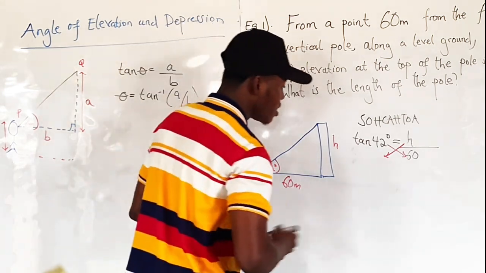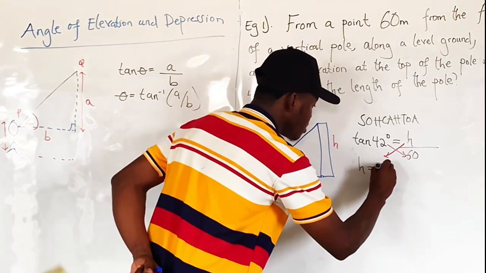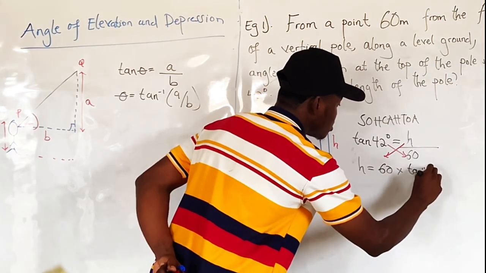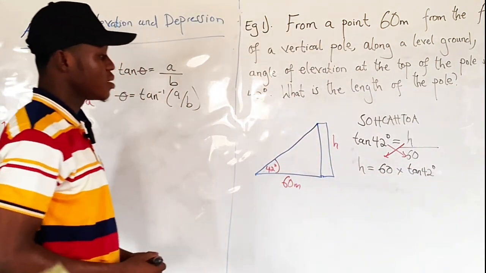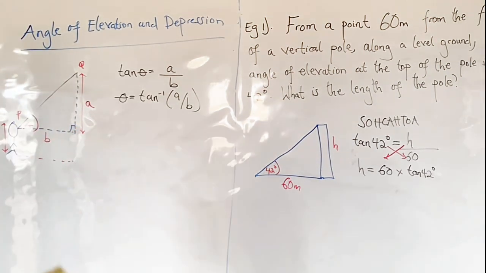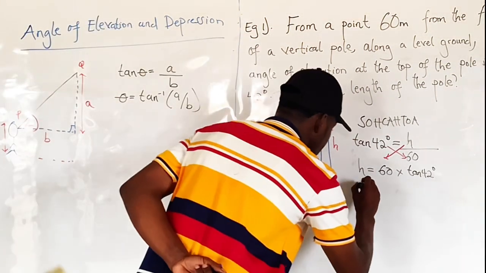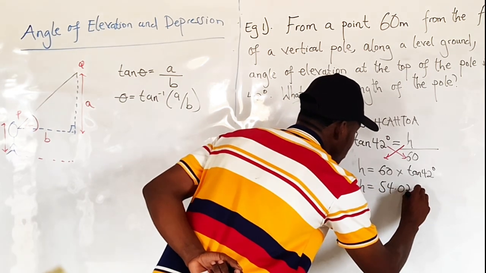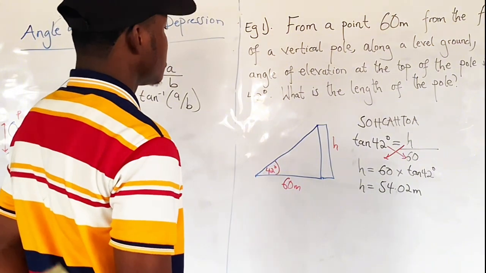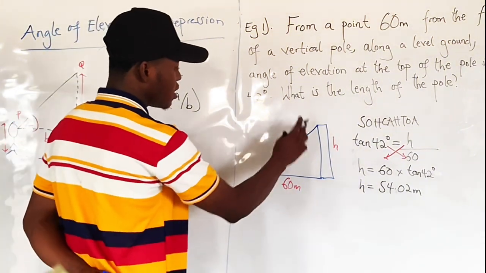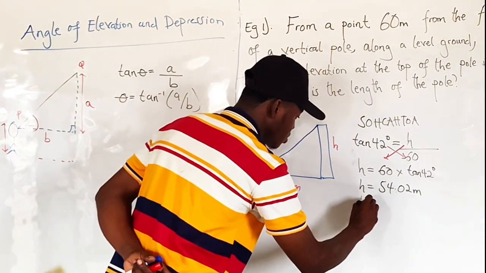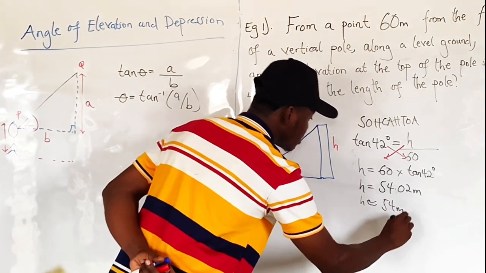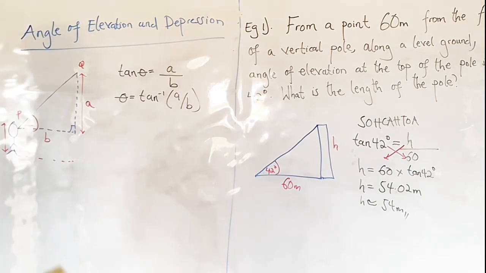And from here, our h is now 60 times tan 42 degrees. So h will now be equal to 54.02 meters. This is now the length of the pole, which is approximately, h is approximately 54 meters. This becomes the length of the pole.